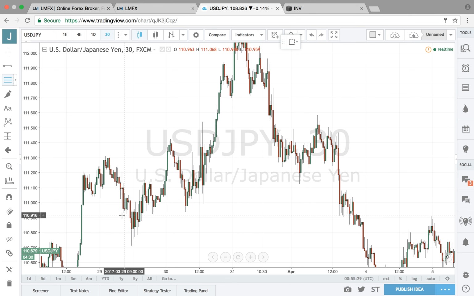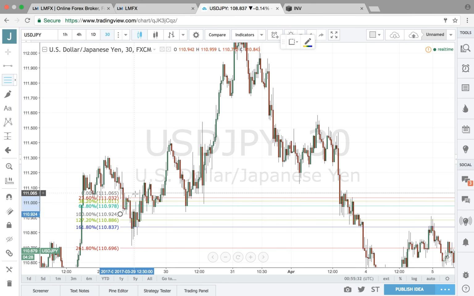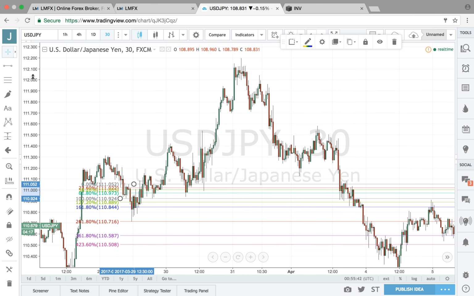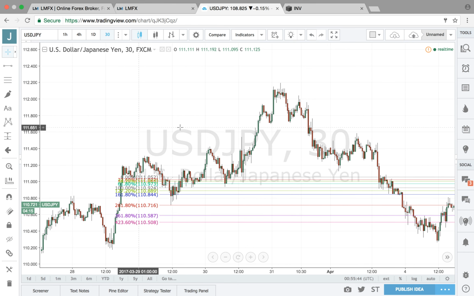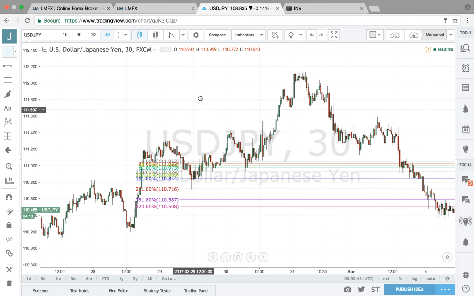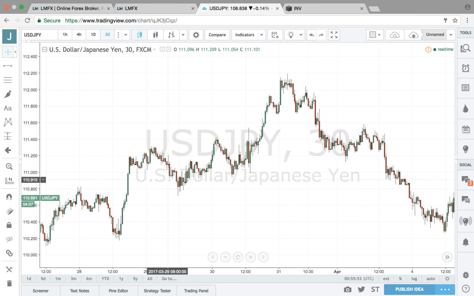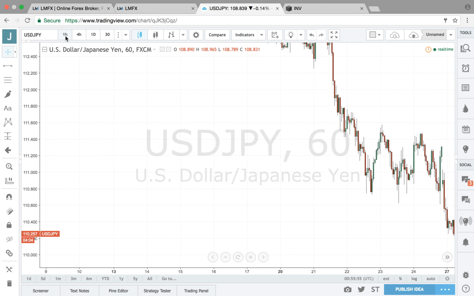So this was the most recent swing low that was broken. And you see that the market broke past the 127.2, 161.8, wicked down to the 261.8. So you see that. Wait, was that the same one? Let me see. I believe that was the same one. I'm sorry, I'm getting off topic now. I don't know if that was the same one actually. Here, I'll just start over.